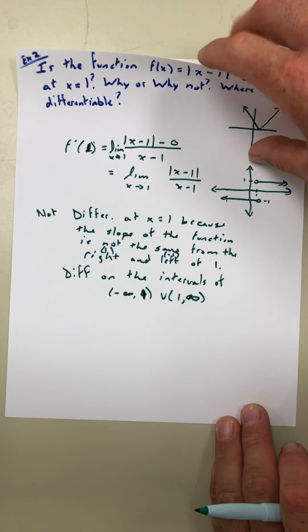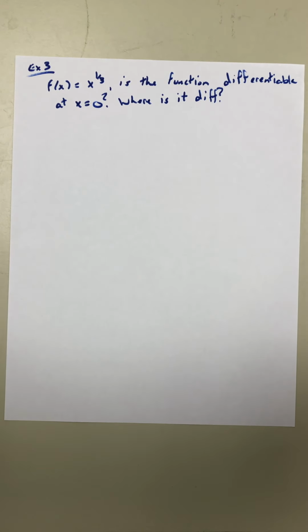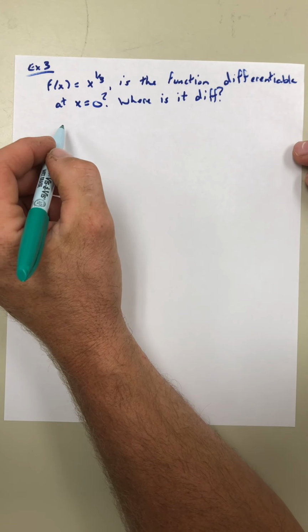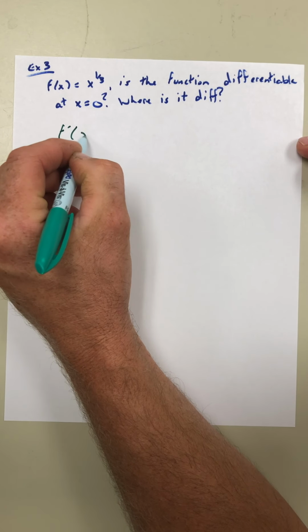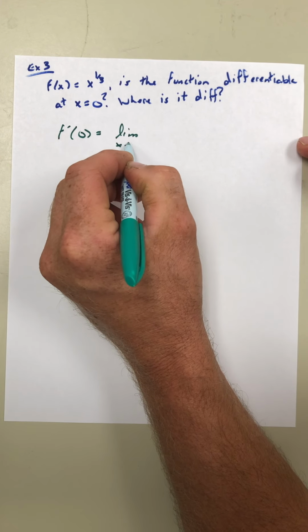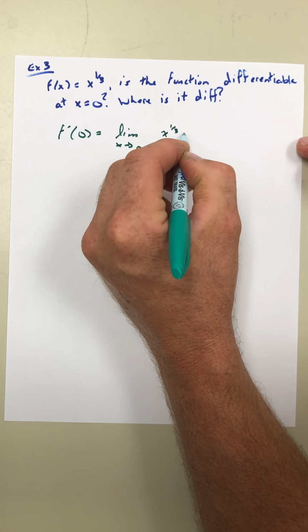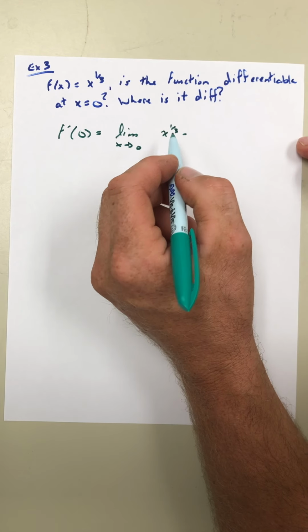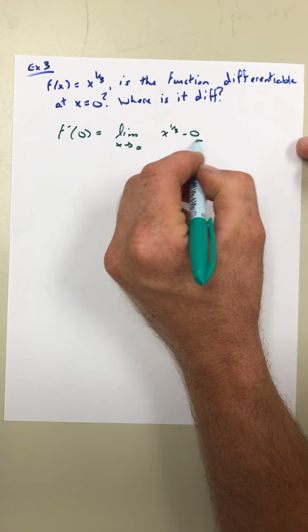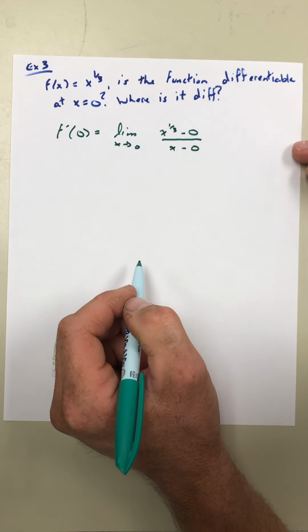I have one last example to throw at you, and here we're going to look at x to the 1/3. Is that function differentiable at x equals 0? Again, we can go ahead and use our alternative form, looking at f prime of 0. So that's the limit as x approaches 0 of x to the 1/3 minus 0 divided by x minus 0.